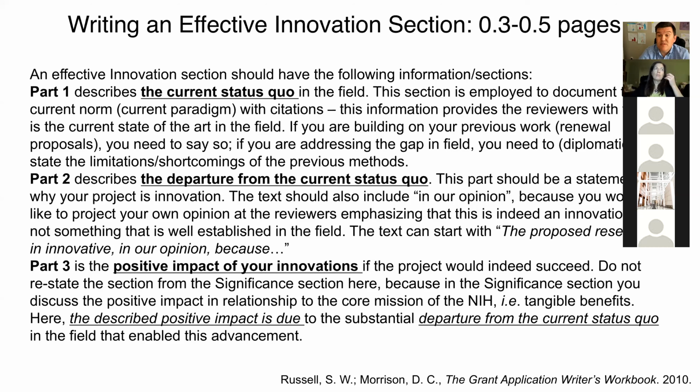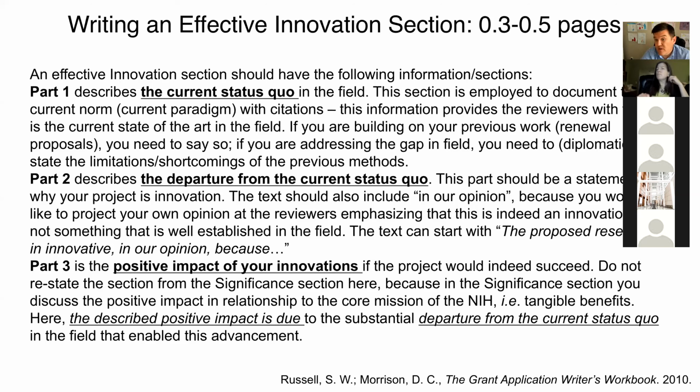So in case you're building on your own previous work, which really refers to the renewal proposals, you will need to say that it's based on your own work. But in your case, because you're building on somebody else's work in the literature, you would really cite the previous work.